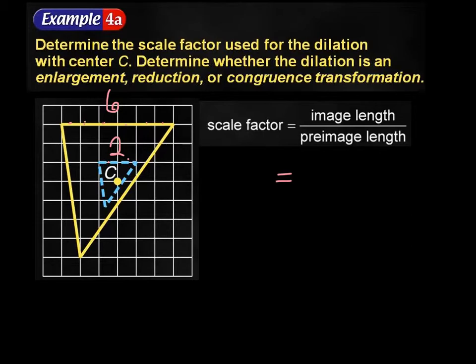When we do scale factor, we're looking at image length over pre-image length. My pre-image was 6 in my original, and the image length is 2. Pre means before, so that's going to reduce to 1/3, which of course is a reduction because it got smaller.